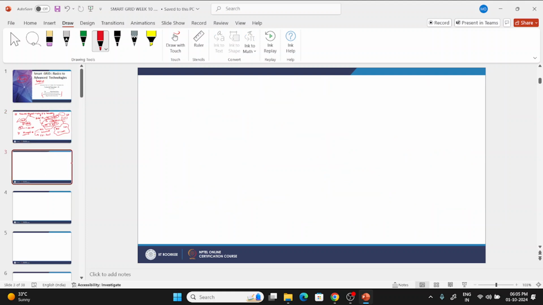Basically, there are two modes of operation of the grid. One is grid on, or grid connected. The other one is islanded operation.